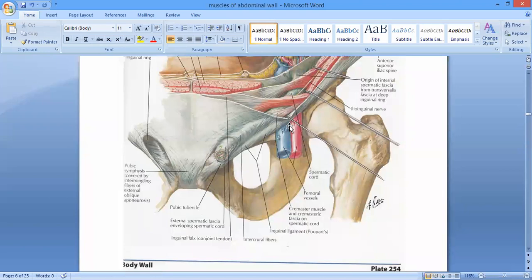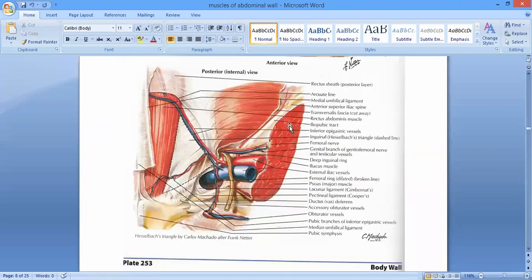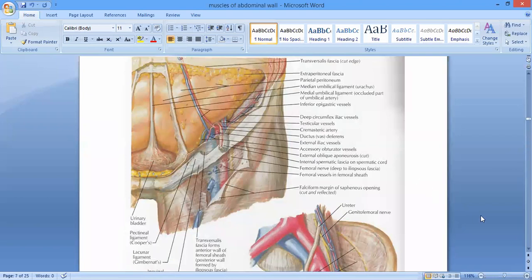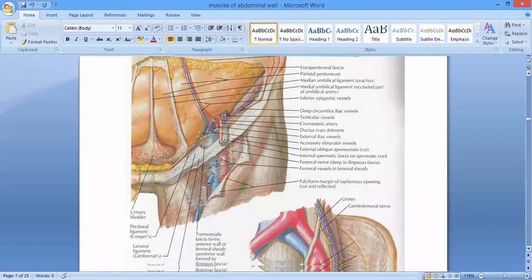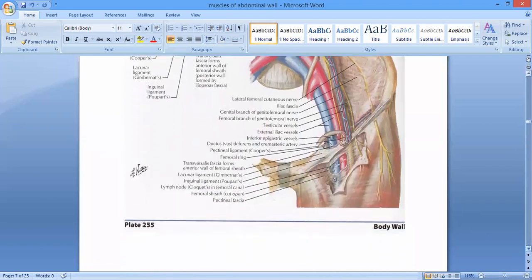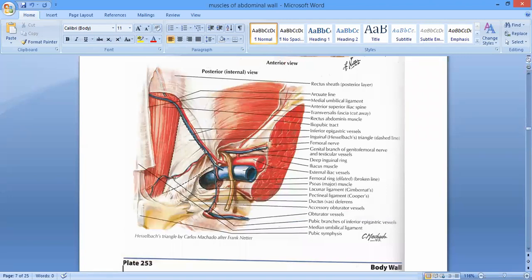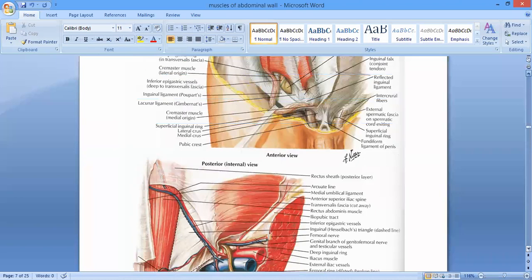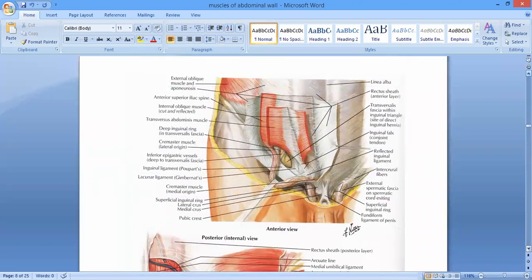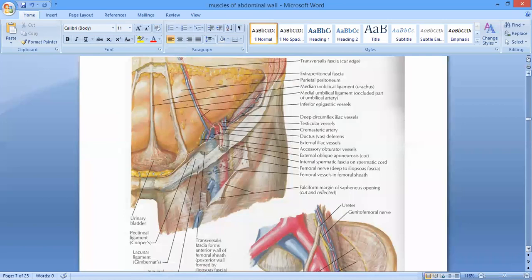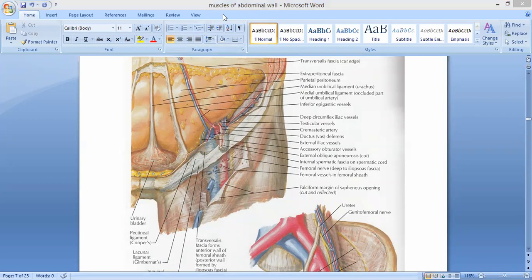What is the other name of the inguinal ligament? Poupart's ligament. Poupart's ligament. ठीक है. How is it formed? जी बेटे. How is it formed? Extension क्या है जी? कहाँ से कहाँ तक होता है जी? Sir, anterior superior iliac spine से.